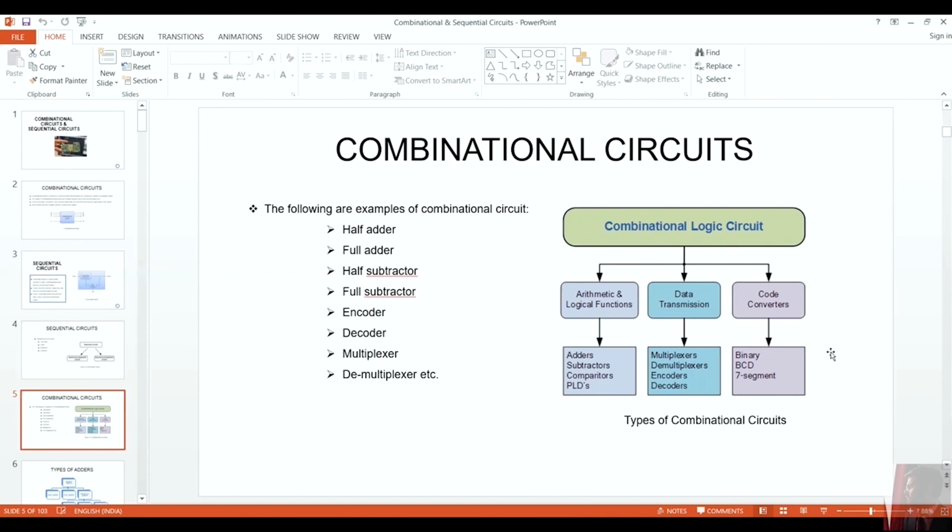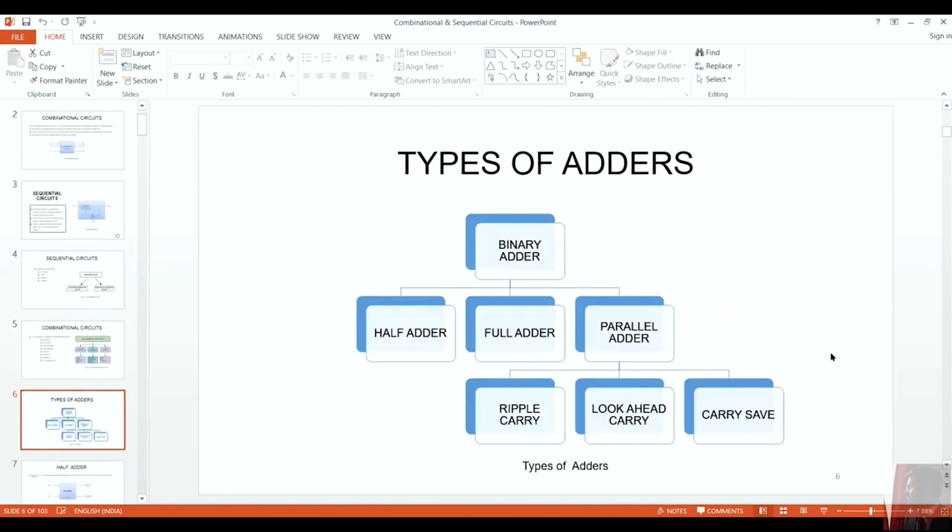Now, what do we talk about with code converters? We are talking about binary, we are talking about binary coded decimal or 7-segment display. Okay, so in this case, when we talk about a 7-segment display, we are talking about the digits 0, 1, 2, 3, 4, 5, 6, 7, 8, and 9, and 10. But 10 is not considered, so we are considering from 0 to 9.